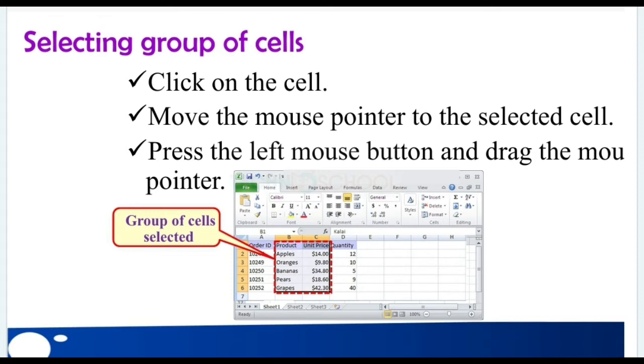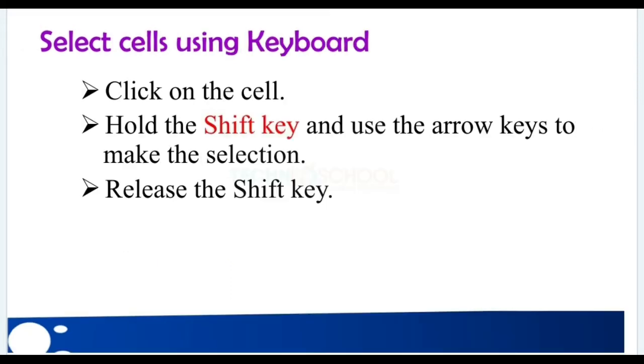You can use it to cut, to copy, or if you want to align something, you can do it using this group of cells selection. These are the steps you have to follow to select a group of cells.